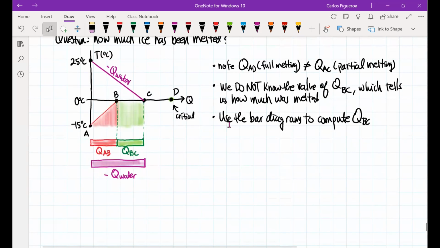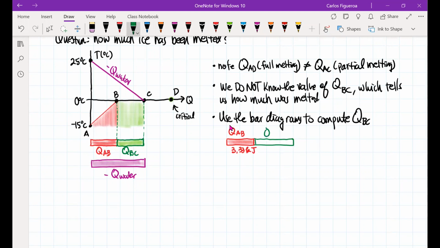So if I use my bar diagrams, I have a bar that goes like this. Now note that this is QAB, and we know this amount because we have already computed this. This is 3.33 kilojoules.